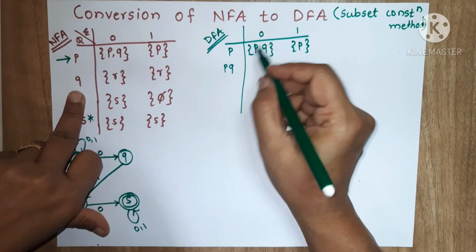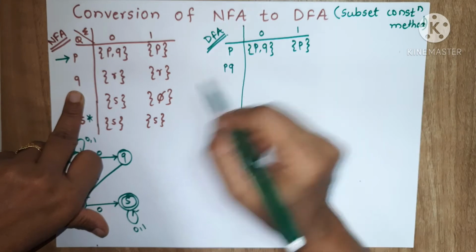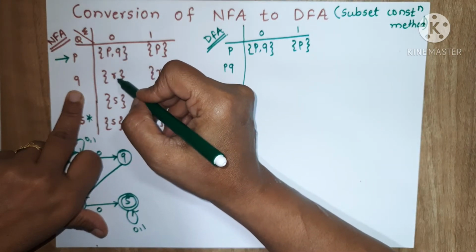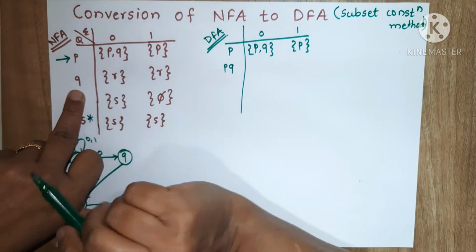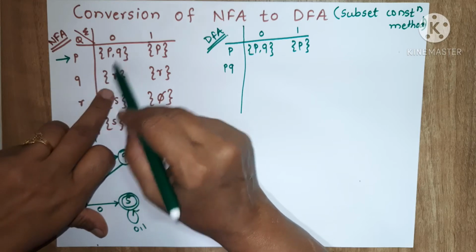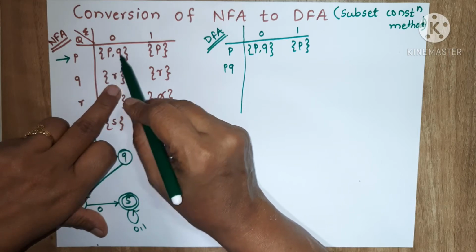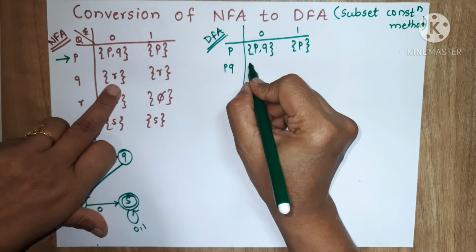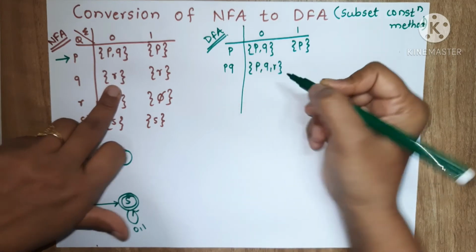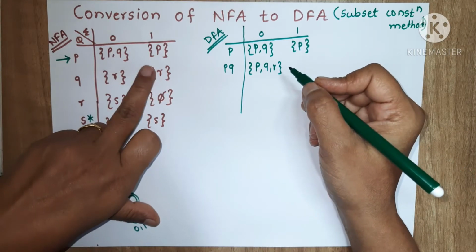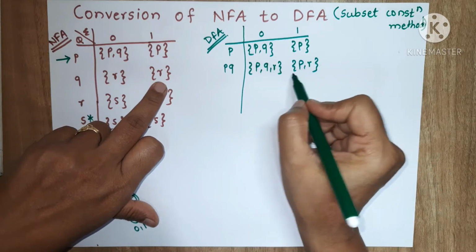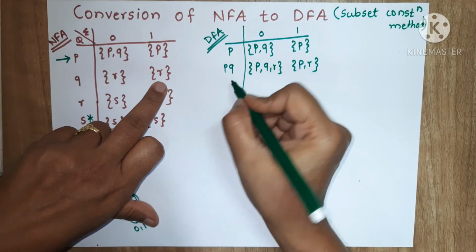And how are we calculating the transition for this PQ? That is the transition of P on 0 union the transition of Q on 0. The transition of P on 0 is PQ and the transition of Q on 0 is R. So we have to take the union of these two, that is PQR. In the same way, on 1, P and R. So the next state which we are going to take is PR.